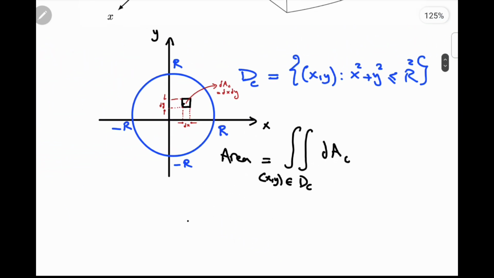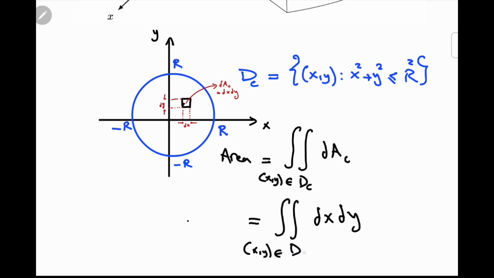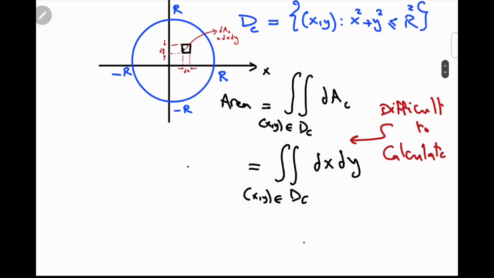So that's the expression, and this can be written as dx dy over the points x, y in the region DC. And we know that this integral is difficult to calculate or evaluate, but we know from geometry that the answer should equal pi r squared.